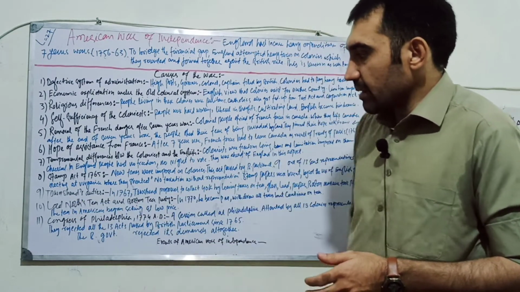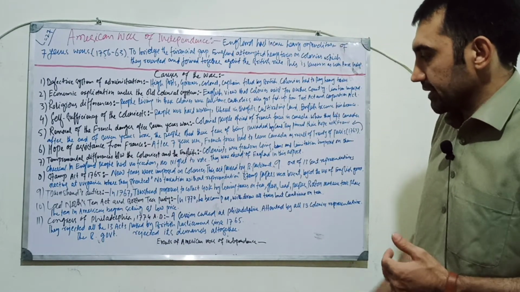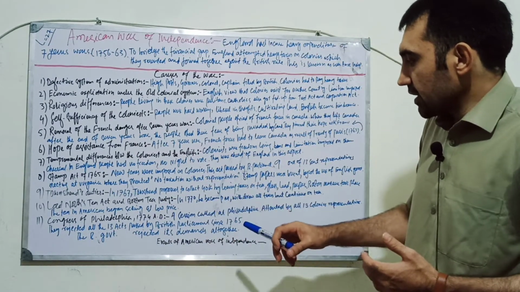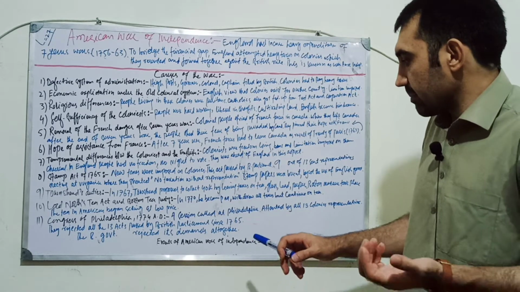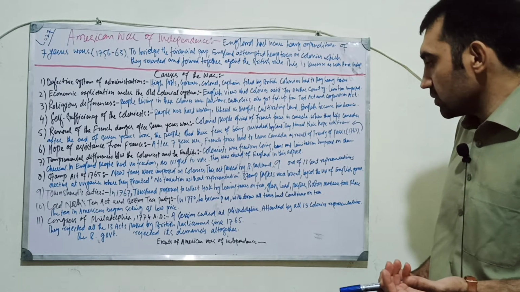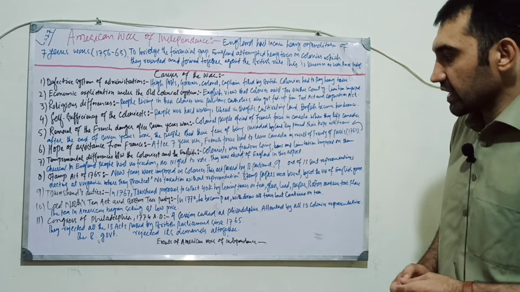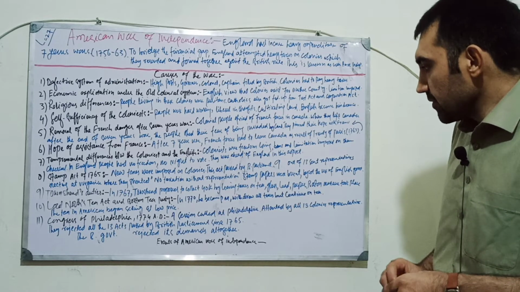Then the 10th important cause is Lord North's Tea Act and the Boston Tea Party. In 1770, Lord North became Prime Minister, withdrew all taxes but continued on tea. The tea in America began selling at low prices.